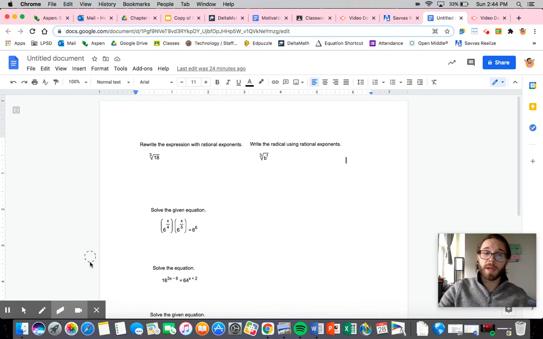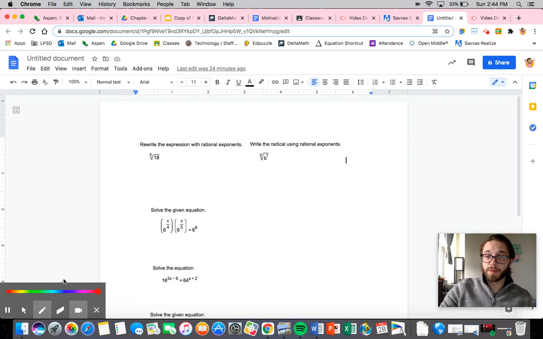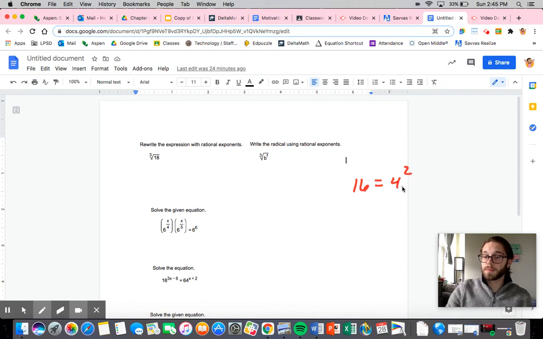However, what do we know about different powers? Well, 16 is equal to 4 squared. 64, well, it's equal to 8 squared. It is 8 squared, but it's also what?